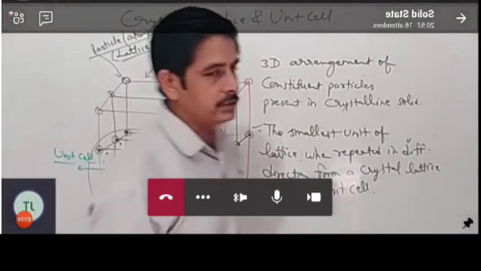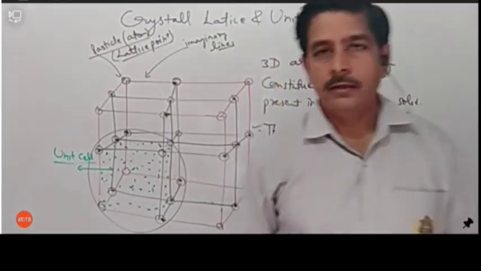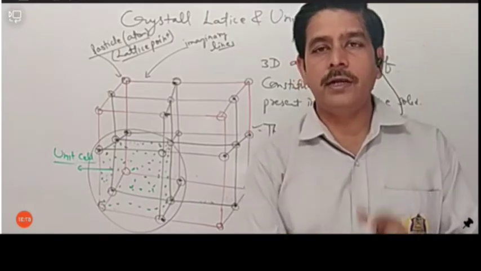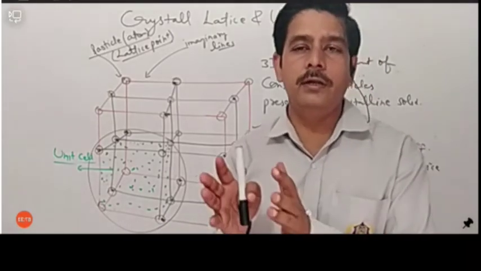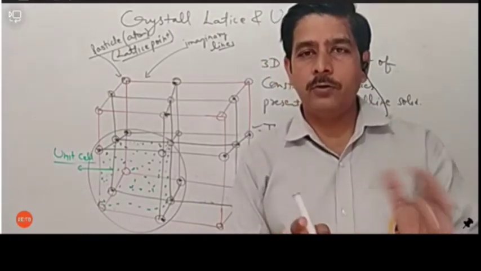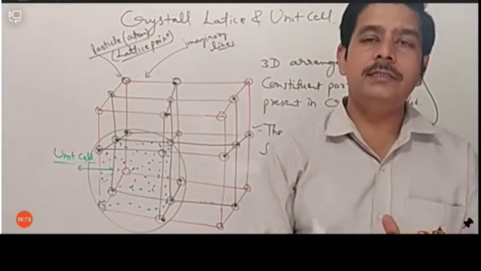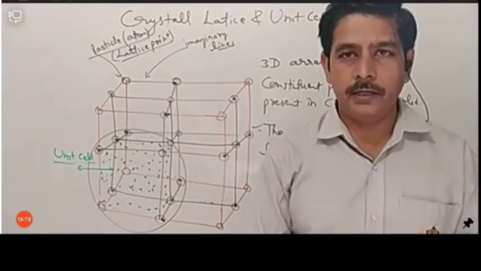Actually in crystalline we have defined already that crystalline solids are those solids in which we find a regular, definite geometrical pattern. Actually there is spectroscopy; through spectroscopy we analyze the crystal and the arrangement of the particles in a crystal.